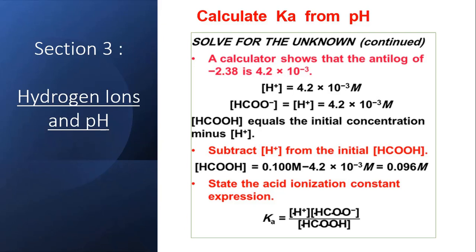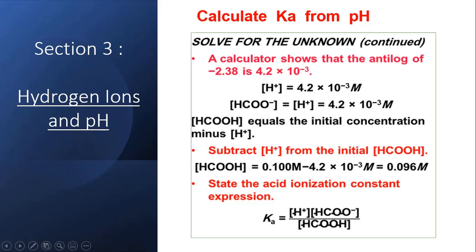This is a weak acid because we have a Ka value. Sorry for that. So here we have the concentration of acid minus 4.2 times 10 to the power negative 3, which is the concentration of H positive.